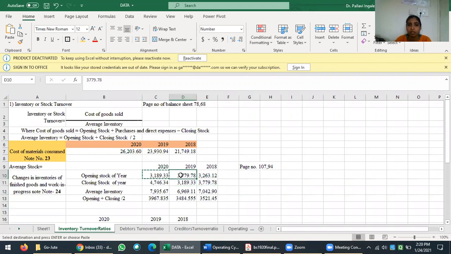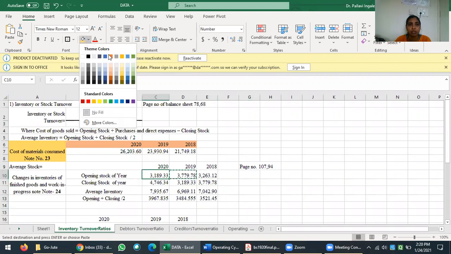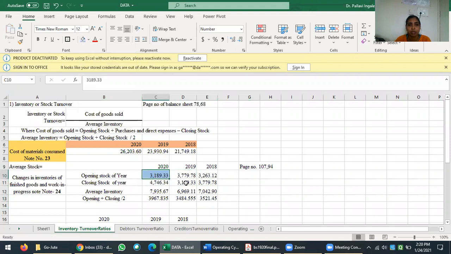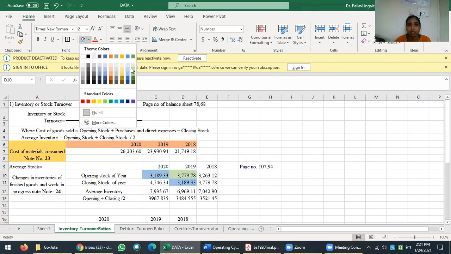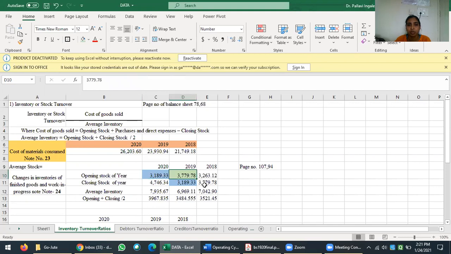Understood? See properly, this amount and this amount both are the same. Why? Because 2019 closing is opening of 2020, and 2019 opening is closing of 2018. I hope everybody is with me.